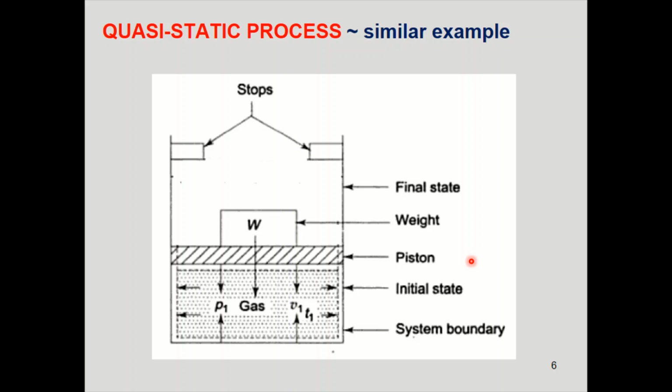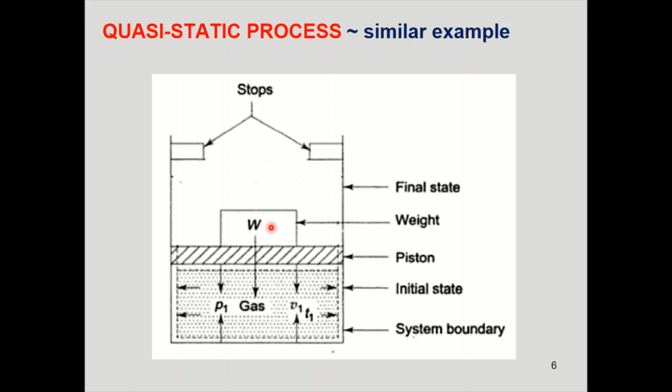I am withdrawing a force which is actually existing right now. The piston will move up, and this movement will go on till it strikes these two stops, and this movement of the piston will be very fast. In a real process, that should happen very fast.